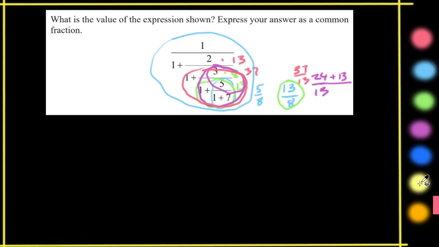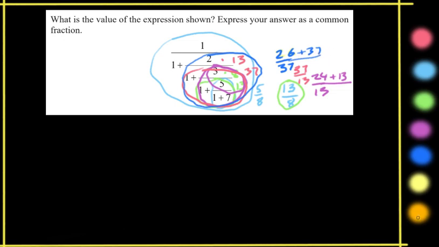So let's grab another color. 26 over 37 is this part. And now we do 1 plus that, so we have to add 37 here. And that becomes, what, 63, I believe?